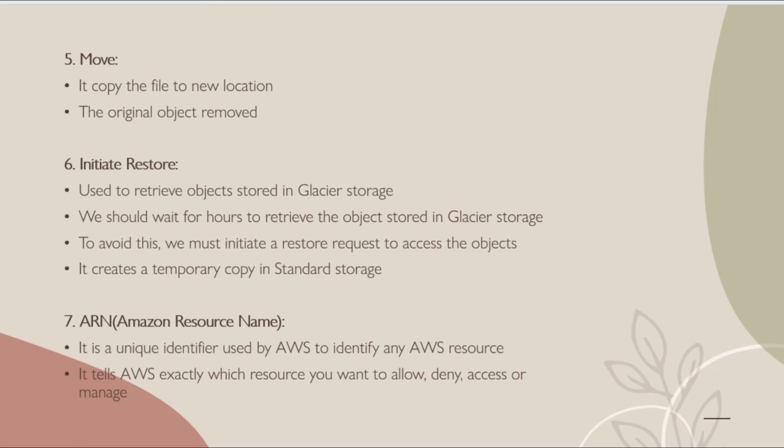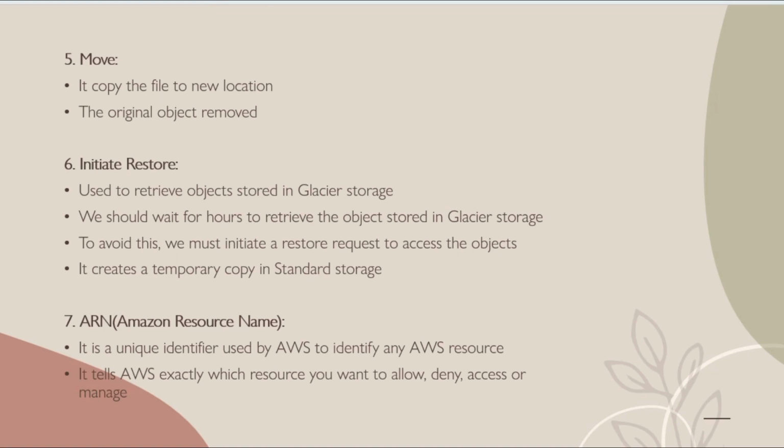So how it works is, if I initiate the restore, it will create a temporary copy of the object from the Glacier storage class, and that copy is stored in the S3 standard storage class.